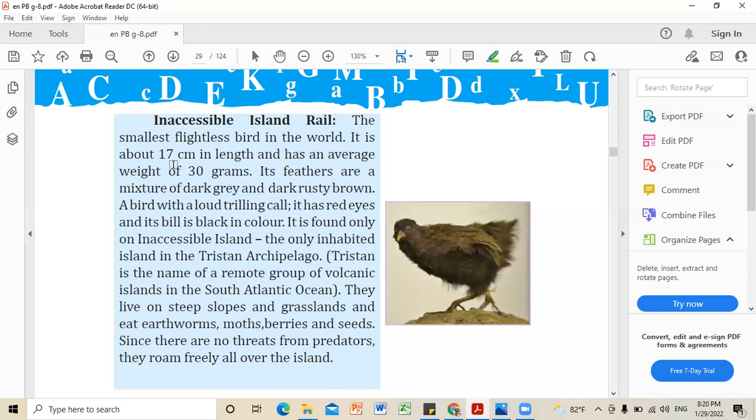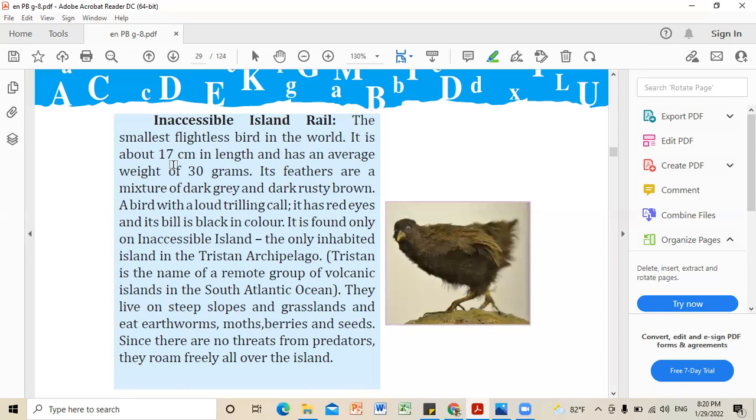Its feathers are a mixture of dark gray and dark rusty brown. A bird with a loud trilling call. It has red eyes and its bill is black in color.